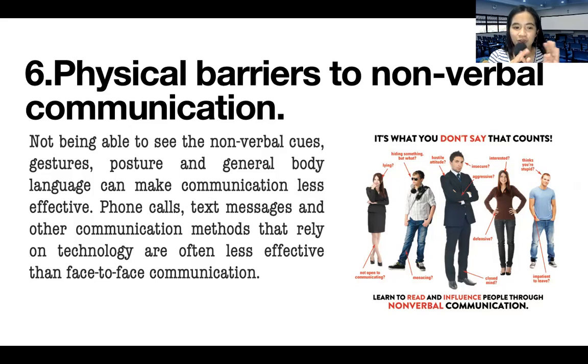For example, you talk to someone through phone calls, text messages, chats, video calls. Of course, this method is less effective compared to face to face because you can really see the gestures, okay, of the one you are speaking with, right?